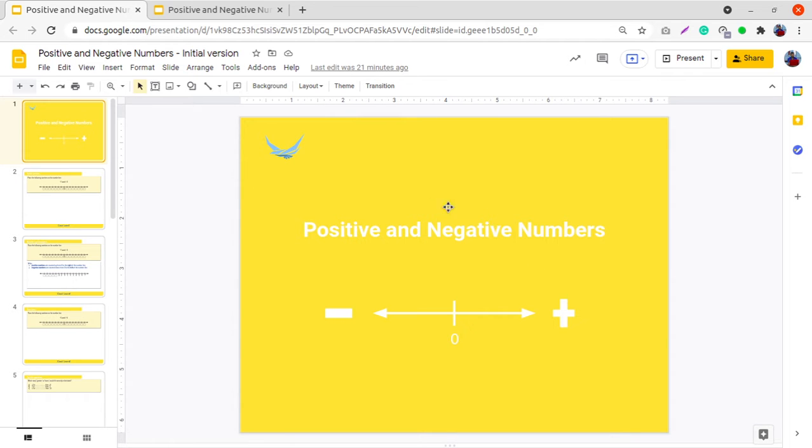I generally like to keep my introduction slides as simple as possible, which is a good thing that I've seen here. It's very basic and allows us to have a discussion. But sometimes I also like to have certain visual cues that would engage a discussion among students. Maybe I would ask a student, where have you seen negative numbers in real life?